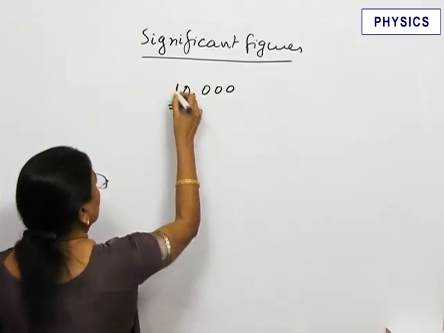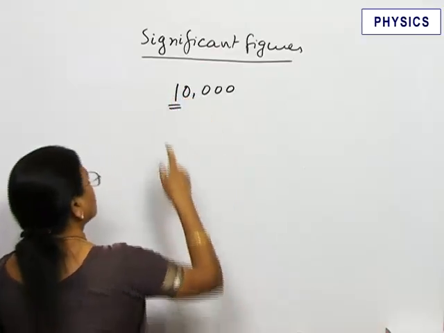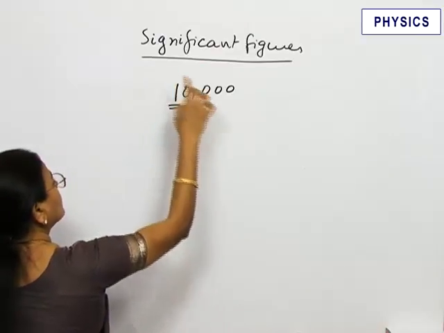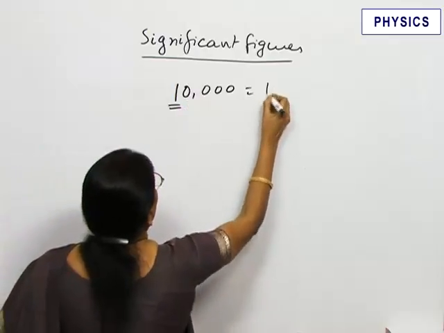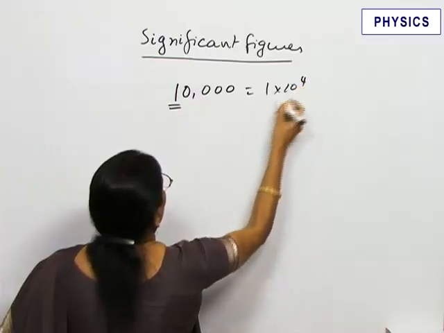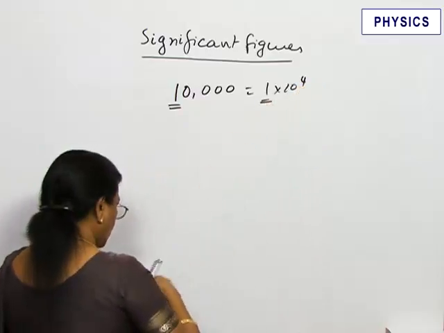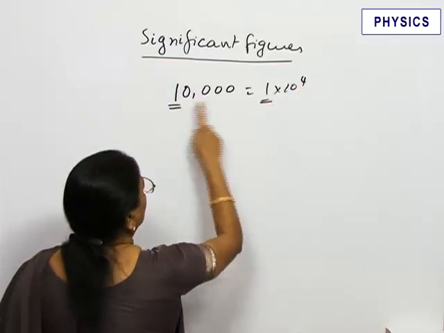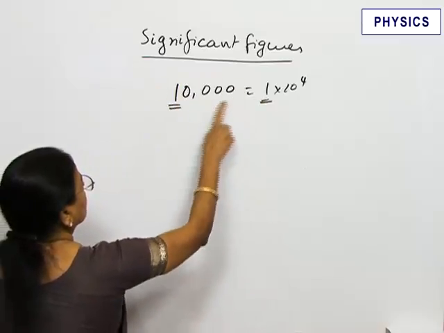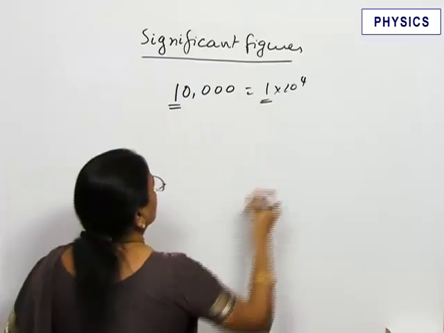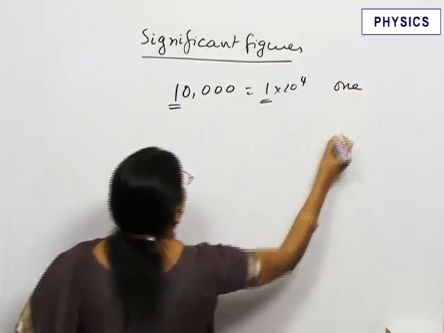Here only one digit is significant because that gives the value. This is only the power, which I can write as 1 into 10 power 4. So the accuracy is up to only one point or one place. Therefore, the number of significant figures in this 10,000 is 1.